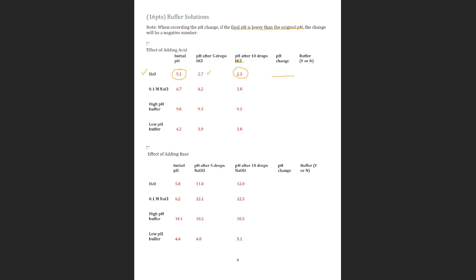And that is our case. The pH change will be final pH 2.3 minus 5.1. And that is a negative number. That is minus 2.8. So this is the change in the pH.